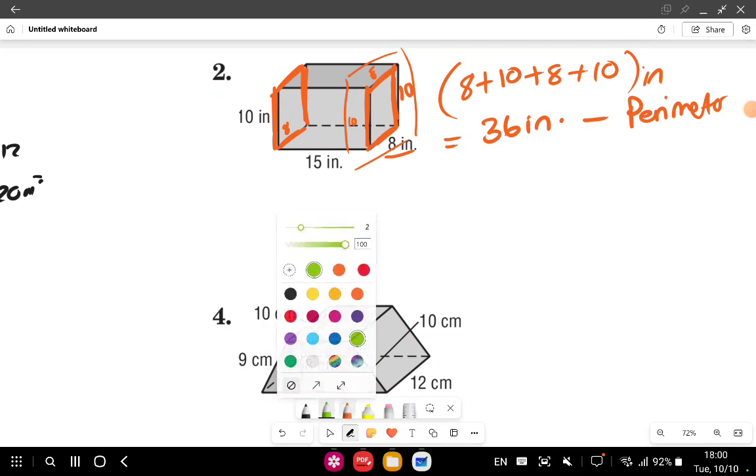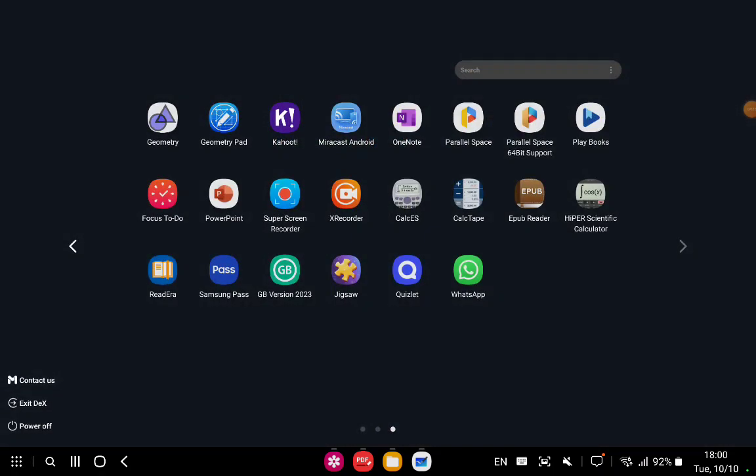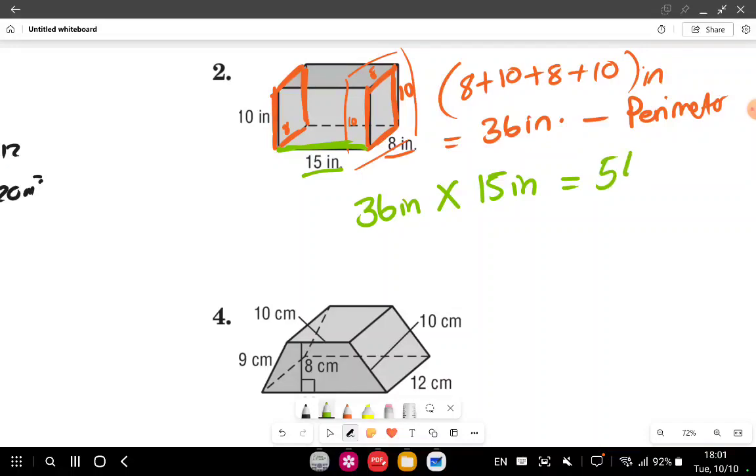Now that I've got that, I'm going to multiply this by the height. So this is going to be my height, which is 15 inches. So I'm going to say 36 inches multiplied by 15 inches, which gives me a total of, let's see, I need a calculator for this. So I say 36 times 15, 540 inches squared.